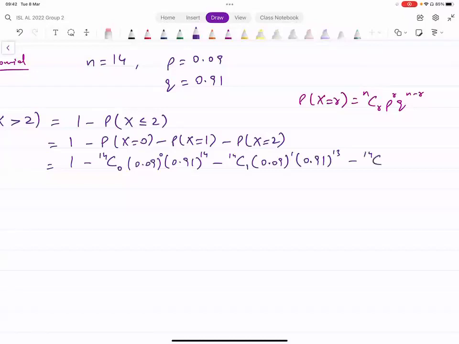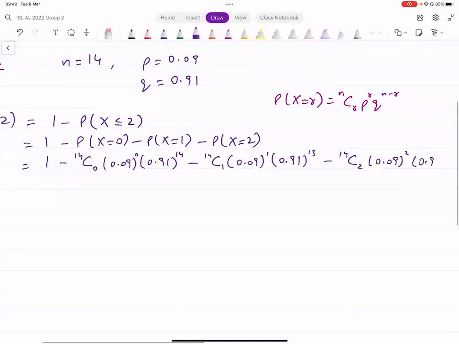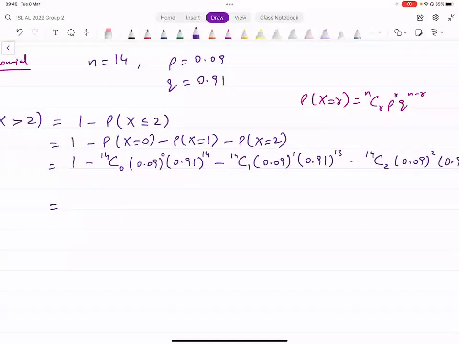Minus 14 C2 into 0.09 whole raised to power 2 into 0.91 whole raised to power 12. ये हम evaluate कर लेंगे, calculator में डाल दें, you'll get your result from this. What do we get? 0.1255.